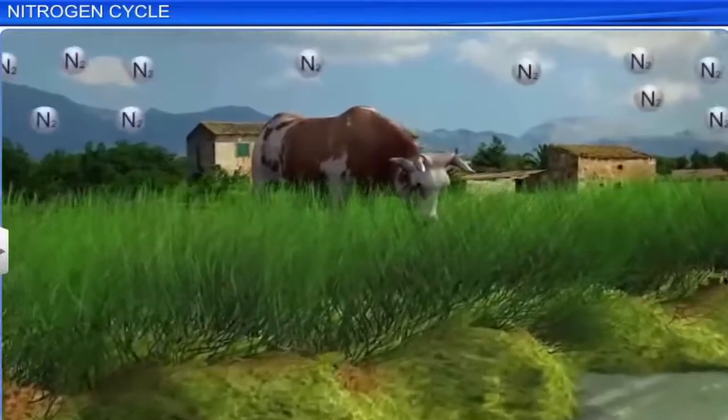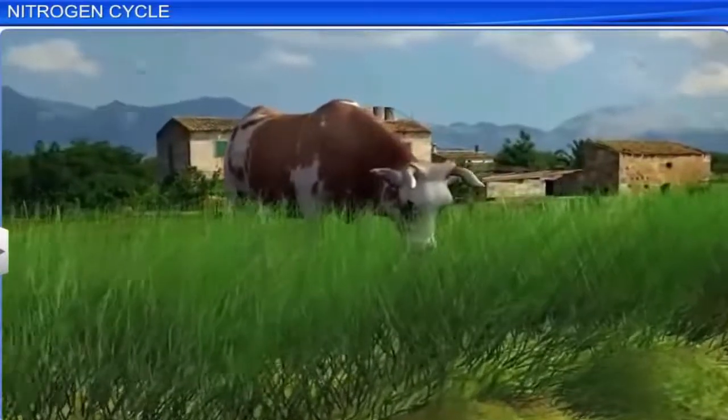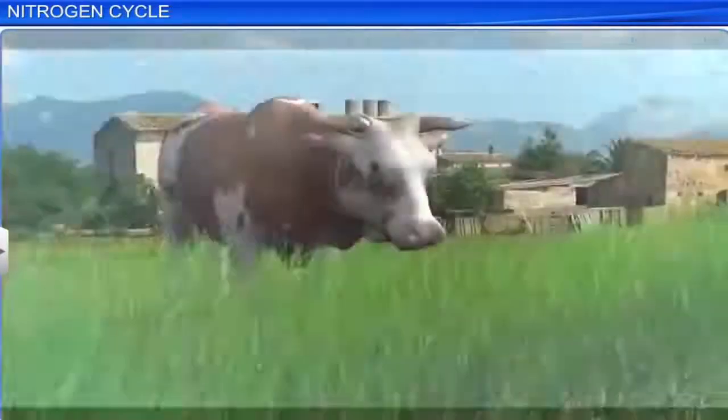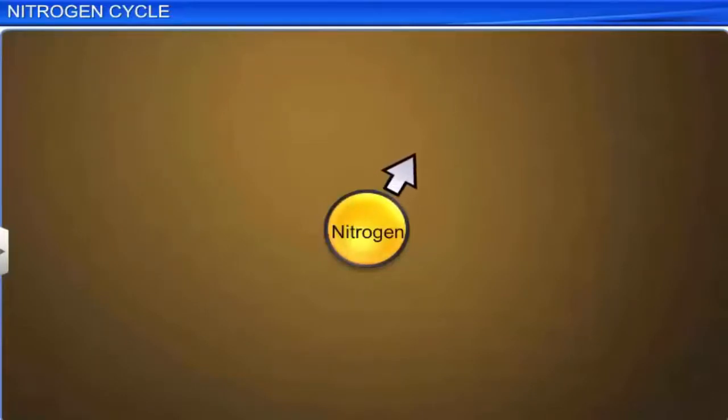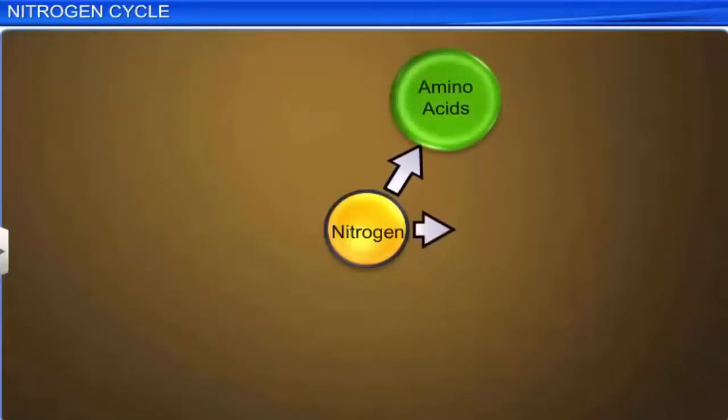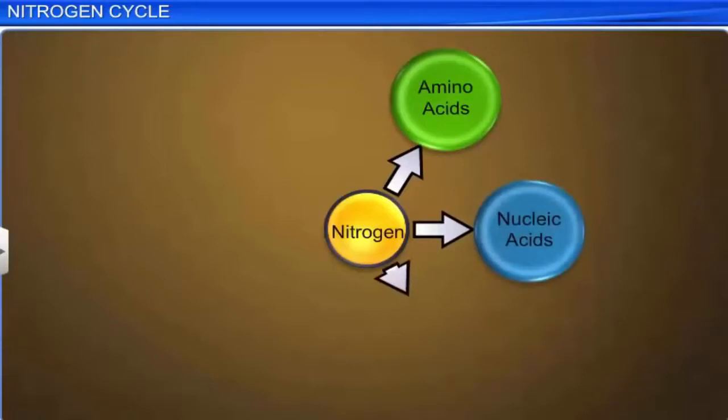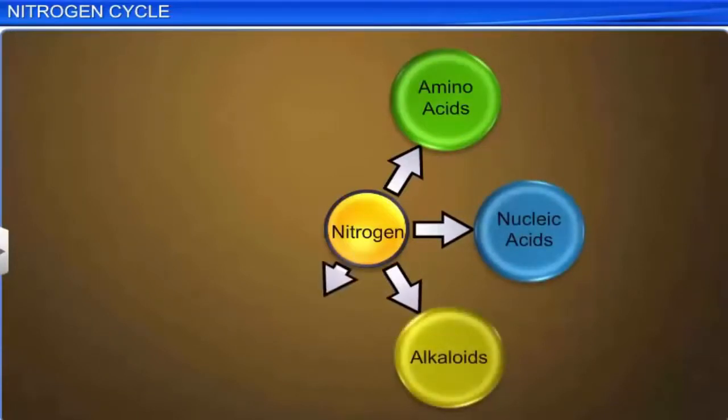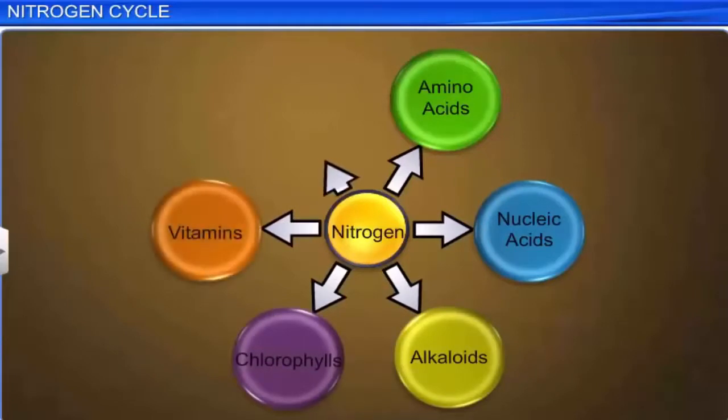Nitrogen is an important element for living organisms, as it is an essential constituent of amino acids, nucleic acids, alkaloids, chlorophylls, vitamins, and hormones.